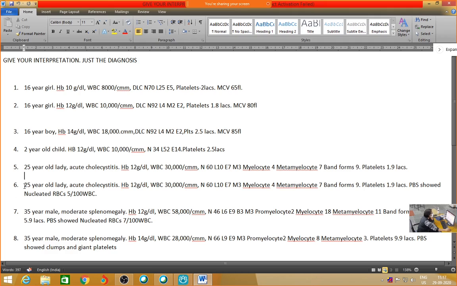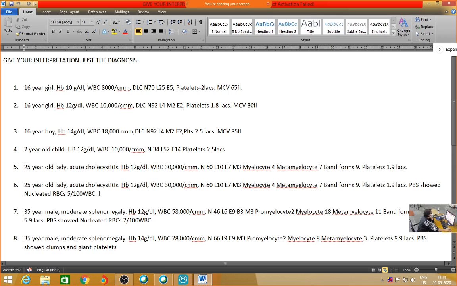However, if the same lady comes with acute cholecystitis and has this leukemoid reaction, but also shows nucleated RBCs in the peripheral blood, and it becomes a leukoerythroblastic reaction, then as a clinician, you should know that a leukoerythroblastic reaction requires the bone marrow to be examined.